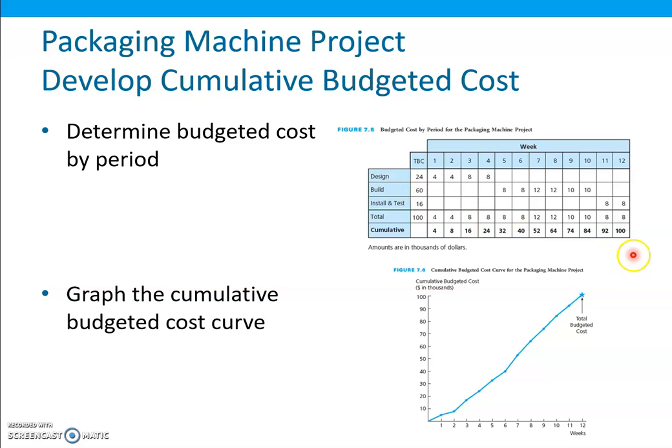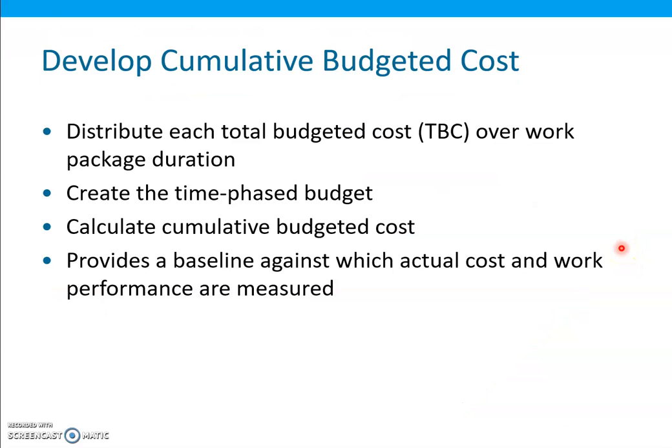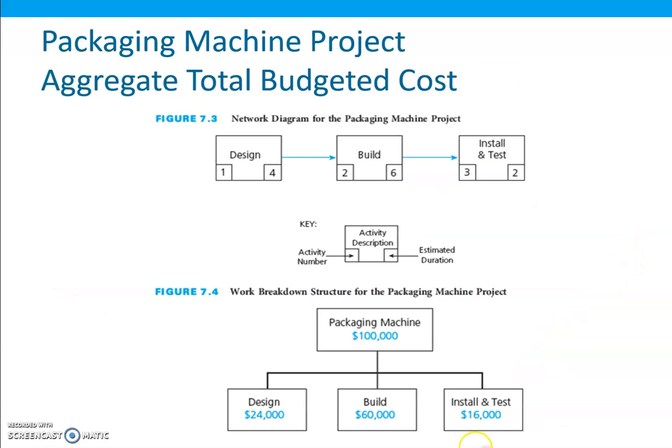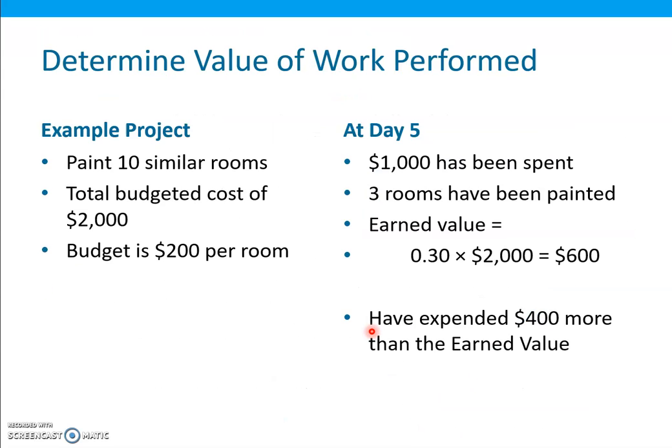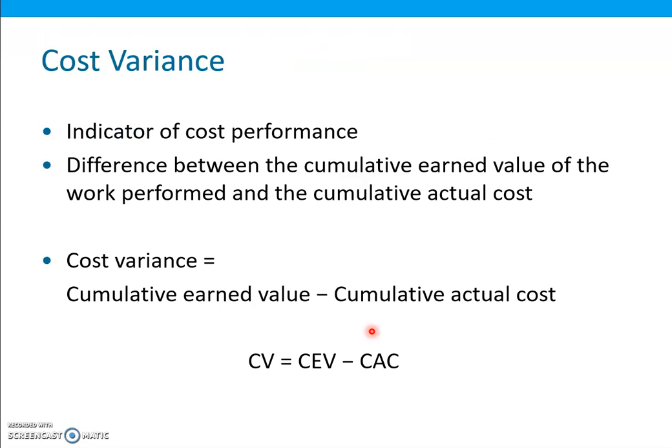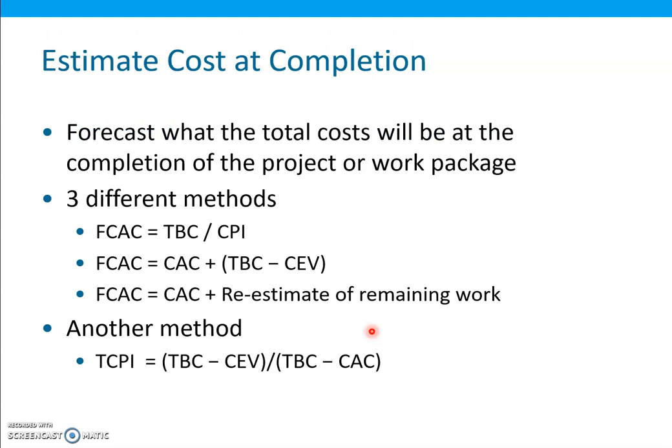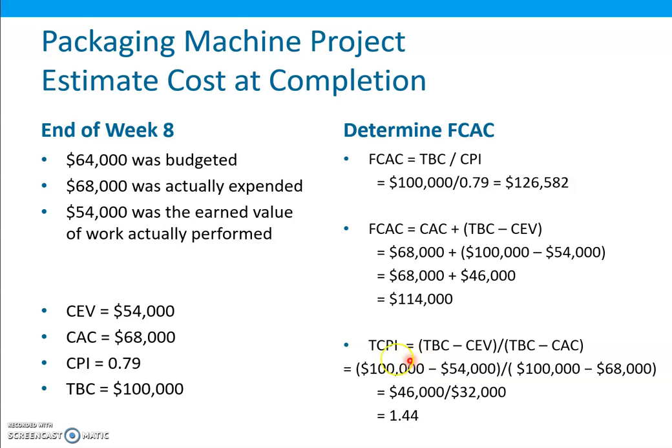Yes, total budgeted cost was $100,000, that means $100,000 several slides before. So now let's go back over here. Forecasted cost at completion by the first method is total budgeted cost divided by the cost performance index. It will be $126,582.